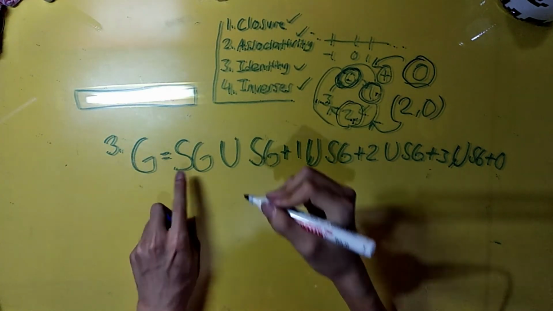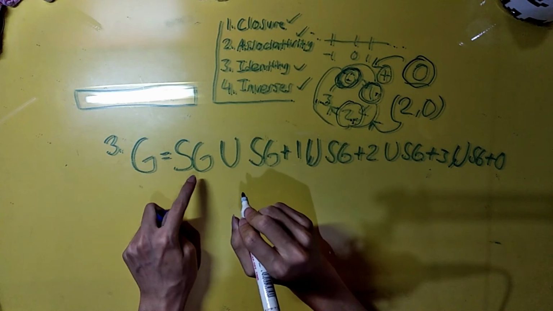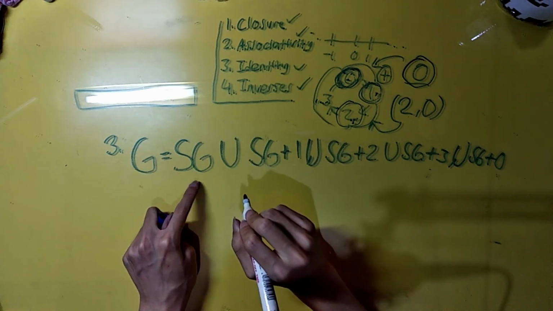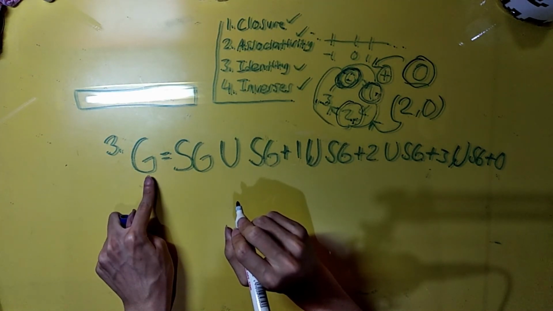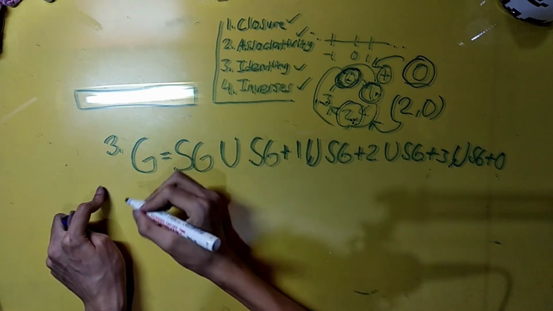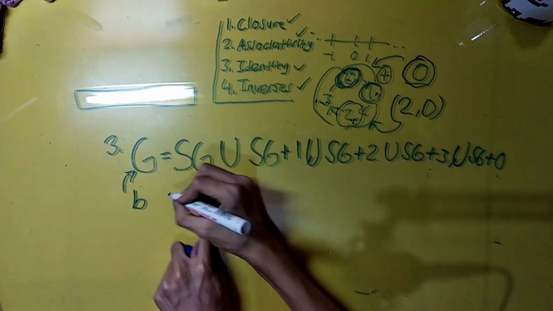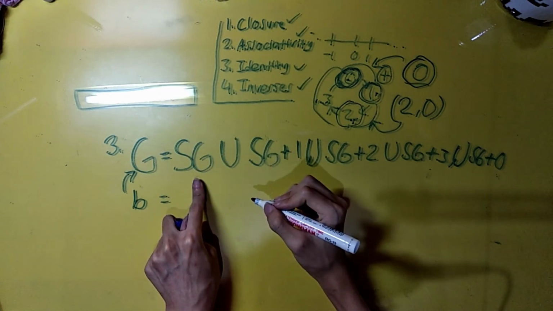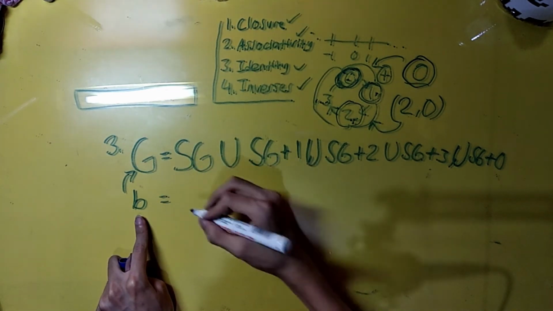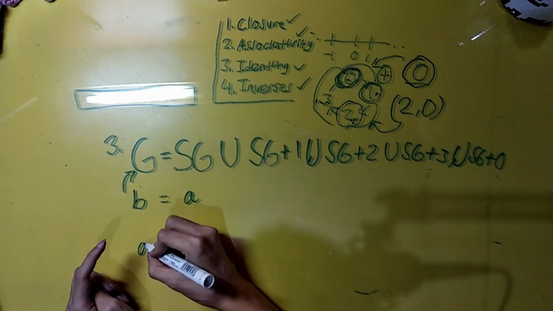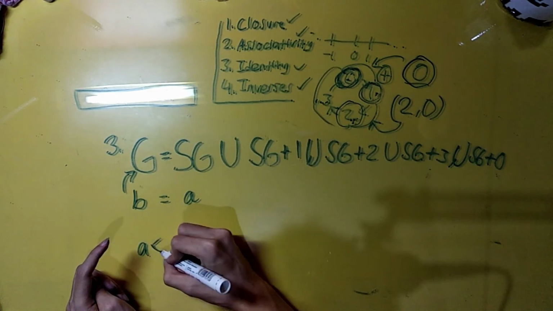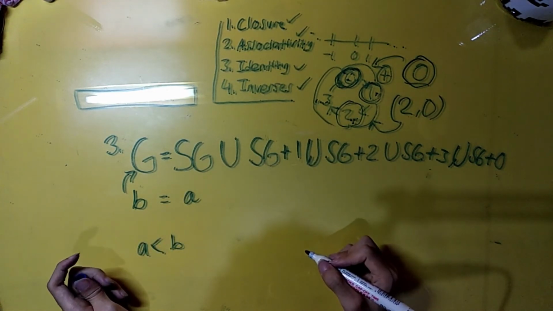Well, what is the size of the subgroup? The size of the subgroup has got to be less than the group, right? So if B is the size of the group, that means the subgroup size is a number less than B, right? So let's just say A, where A is less than B. Alright, cool.